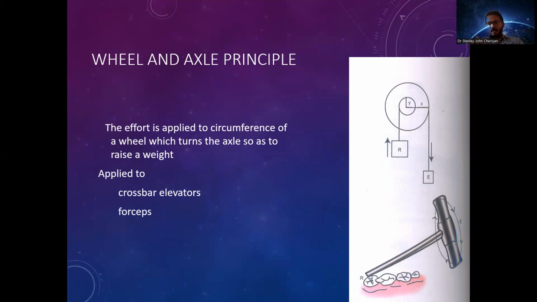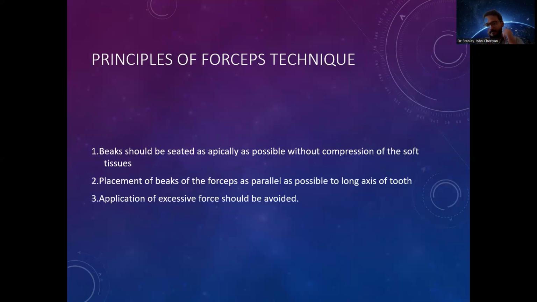So the effort is applied to the circumference of a wheel, which turns the axle so as to raise the weight. So that is the principle that is applied even in an elevator, and when you're using a crossbar or a Cryer.